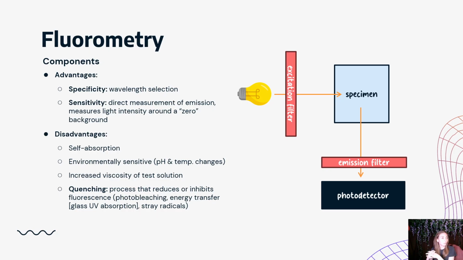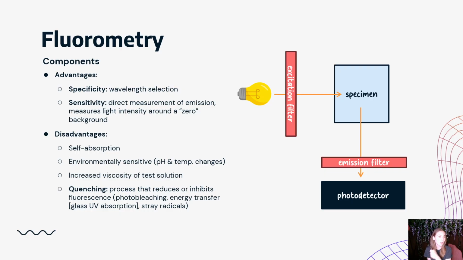So basically, we're looking for a single point of light in a field of darkness, which is going to be a lot easier than looking for a single point of light within a field of light, right? We're coming from a very dark background. It makes it a zero background. It makes it easier to see everything that's going on. So it's very sensitive, and we're photomultiplying what light is making it through, so it makes the whole thing very sensitive to stuff. Disadvantages: self-absorption.